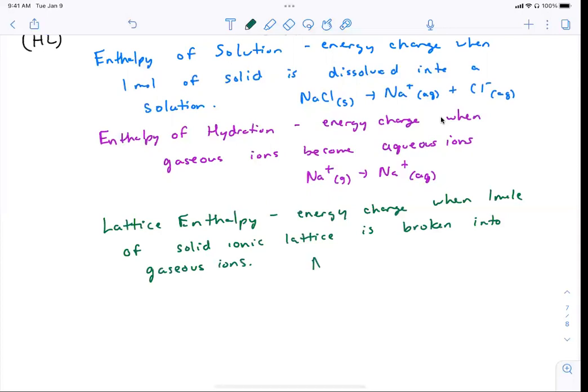So it looks something like this. NaCl solid yields Na plus gas plus Cl minus gas.